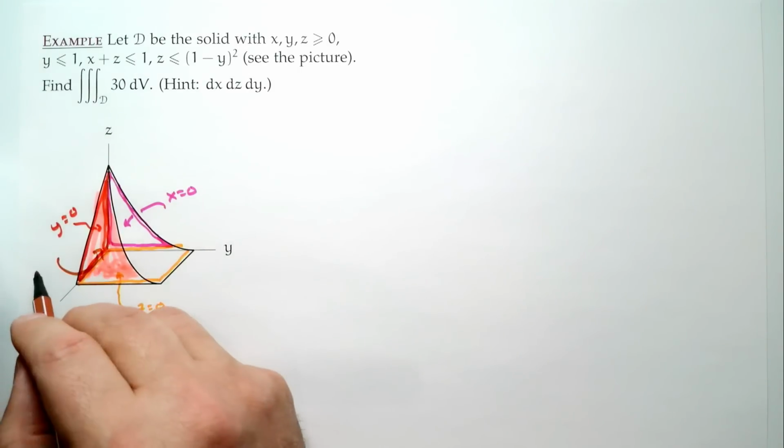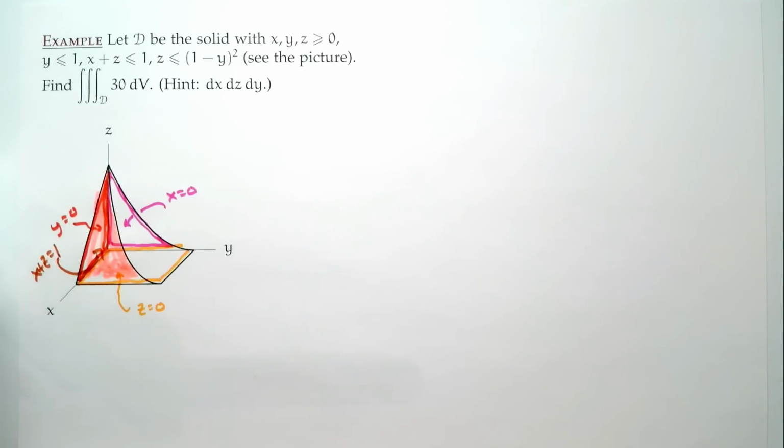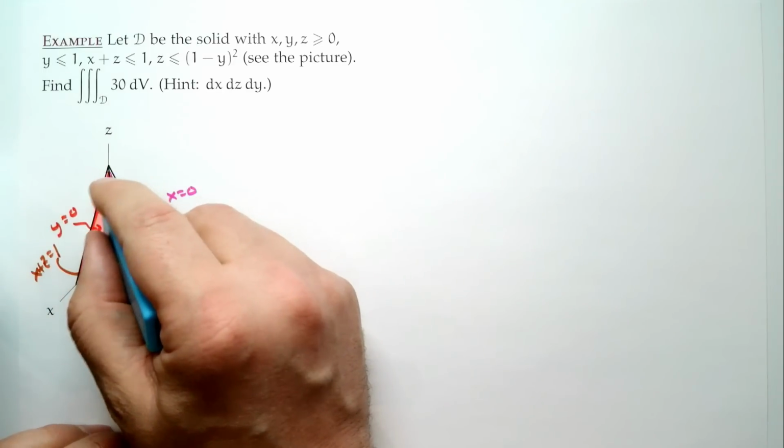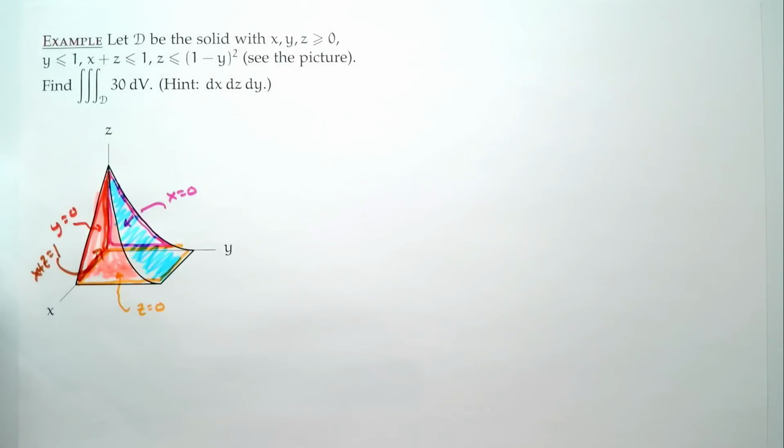So I get x plus z equals 1, which leaves us with just one more piece to go, which is this kind of cool looking ramp, which if you were very brave, you might ride that on a skateboard or a bicycle. Where does that surface come from?